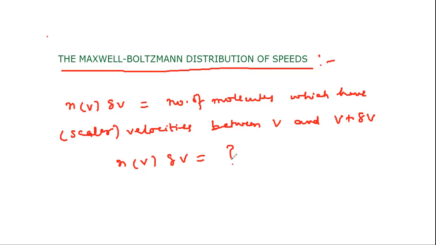So this number can be easily found from a simple idea. We can write Ni equals Gi times Fi. So this is the guiding equation to figure out this Maxwell-Boltzmann distribution of speeds.